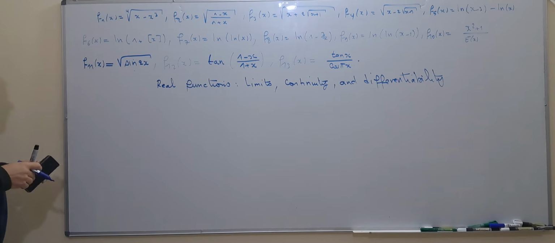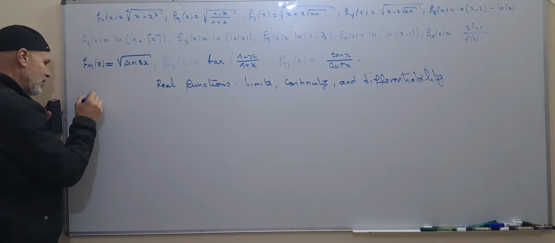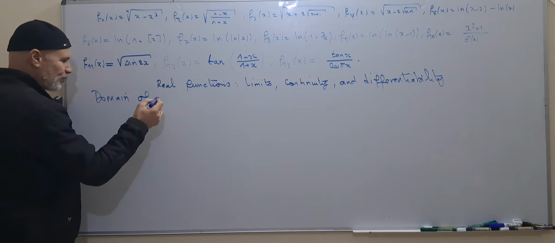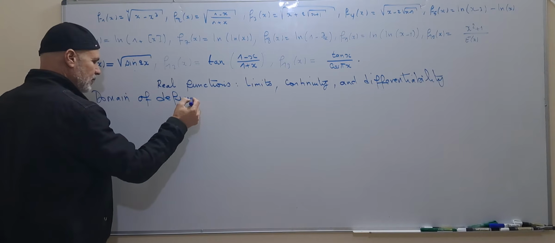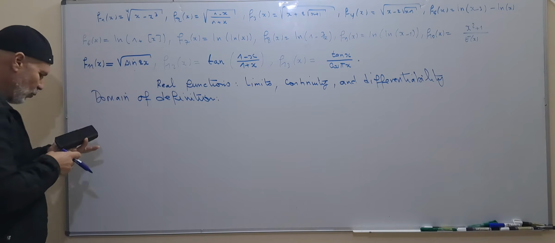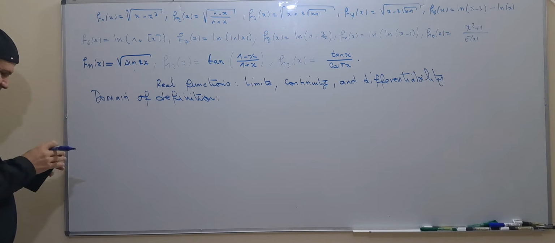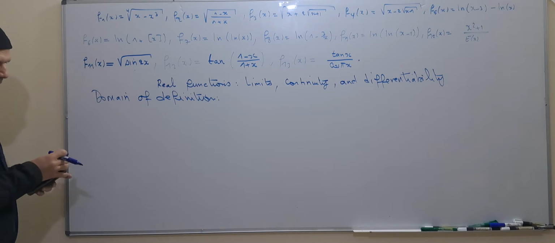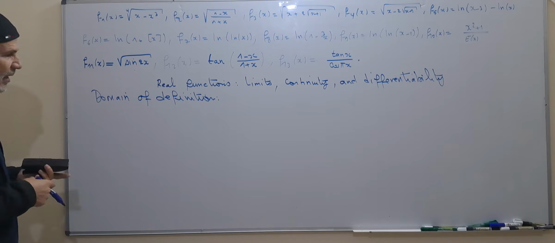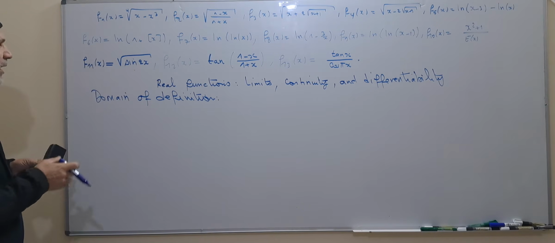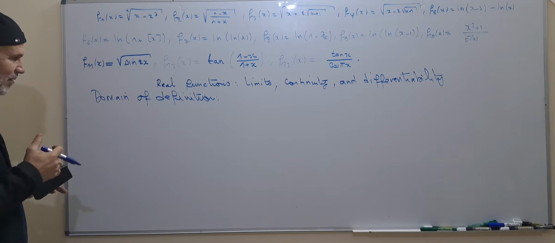Today we start by domain of definition. What we call the domain of definition. Let f be a real function. We say that a given part of R is a domain of definition of any function if it makes sense.